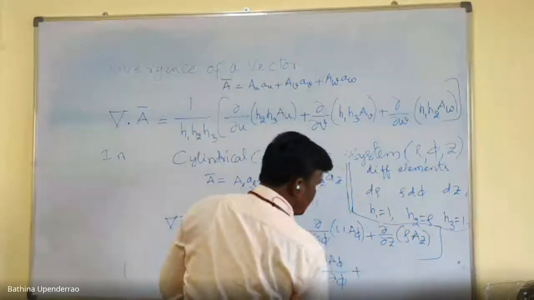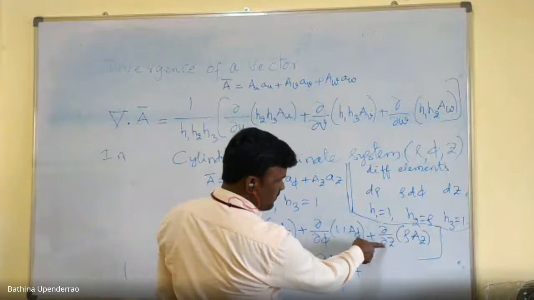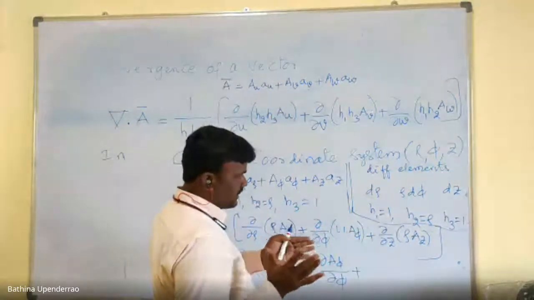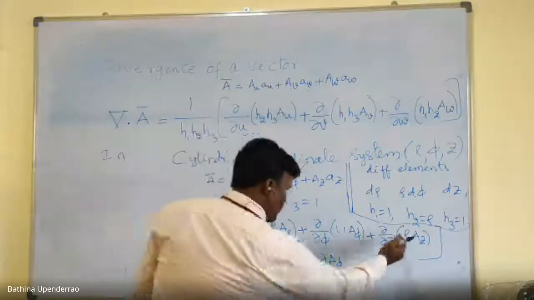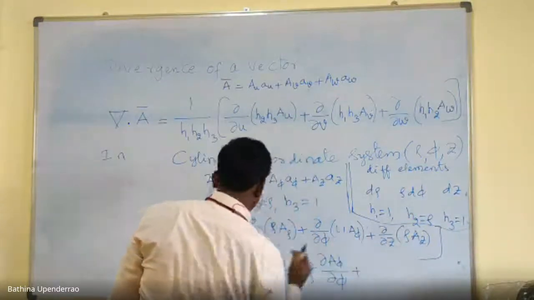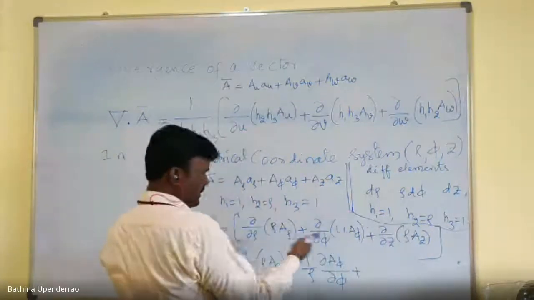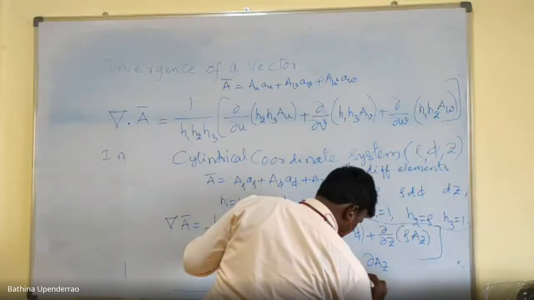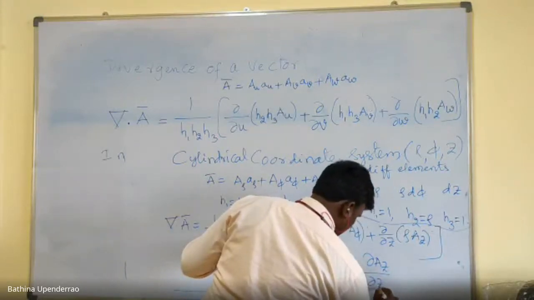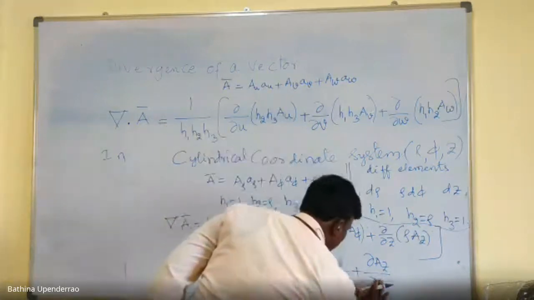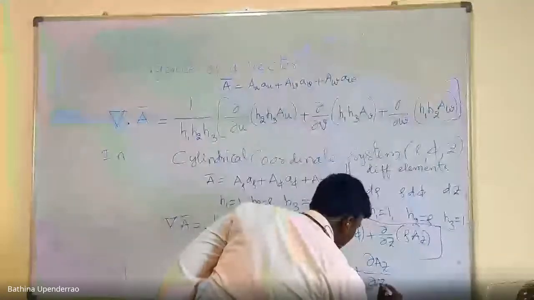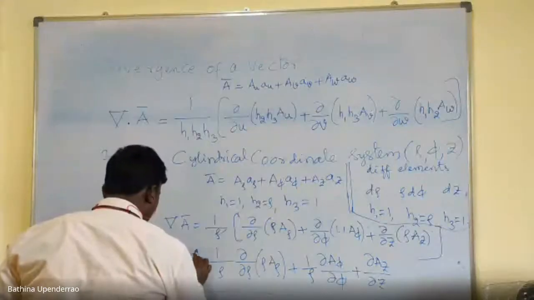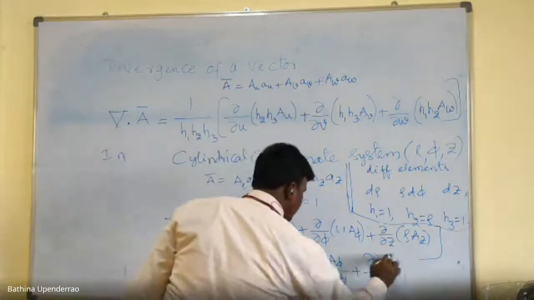Plus, here you can observe that in partial differentiation with respect to z we can take rho and phi as constants, so we can send this rho out of the differentiation. Then rho by rho is cancelled out, and the remaining part is dou Az by dou z. So this is the divergence of a vector in cylindrical coordinate system.